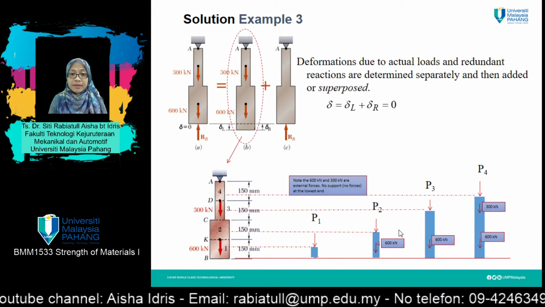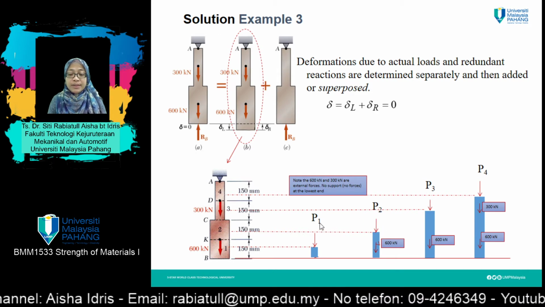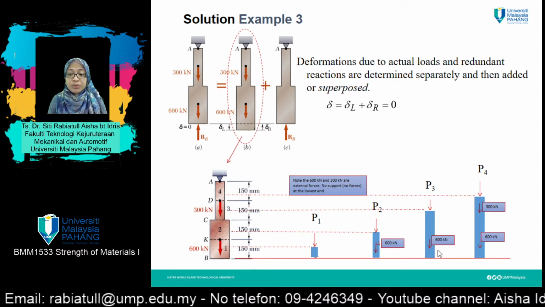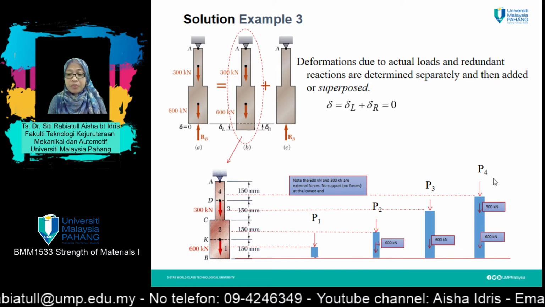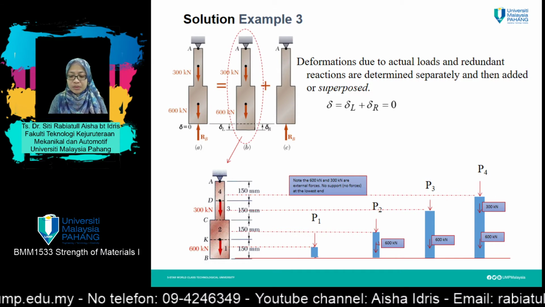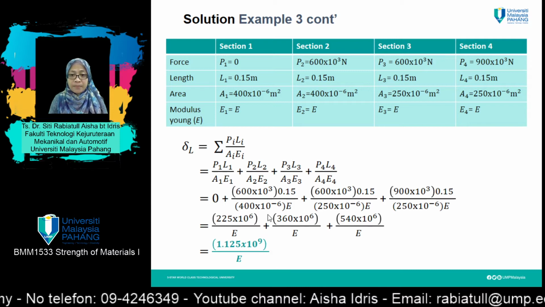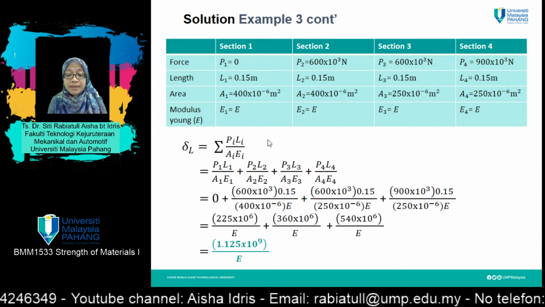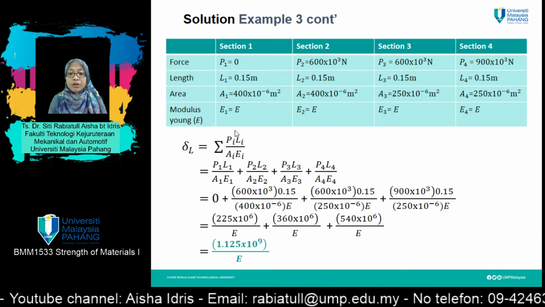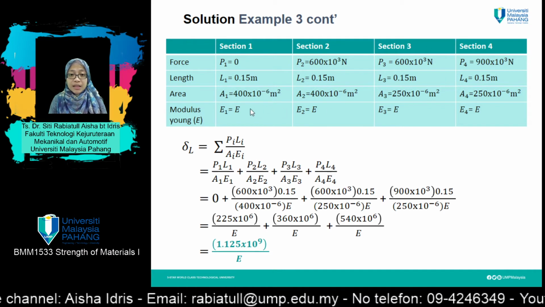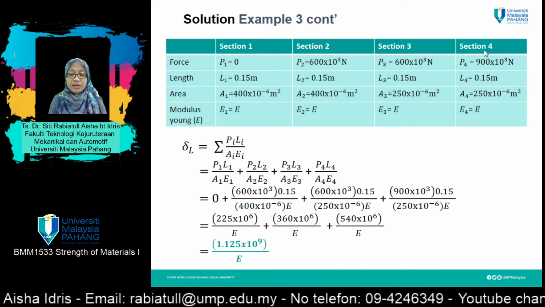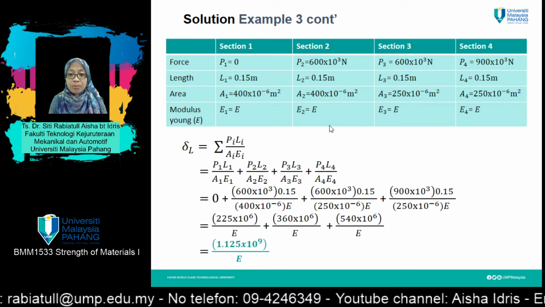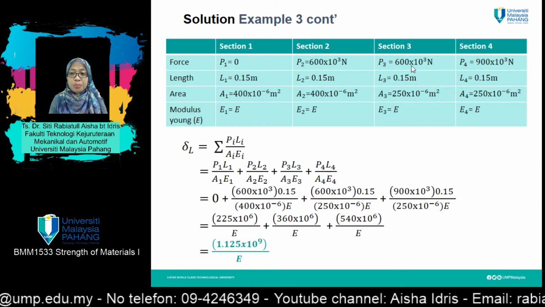After that, you'll get the value of P1 equals 0, P2 equals 600 kilonewton, P3 equals 600 kilonewton, and P4 equals 900 kilonewton. From there, to make your life easier and to avoid any mistakes, you can jot it down or write it in a table form from section 1 until section 4, and substitute all the values in this table, starting from P1, P2, P3, P4.